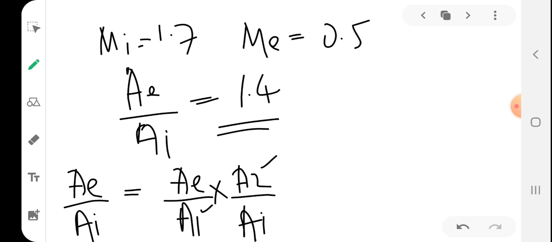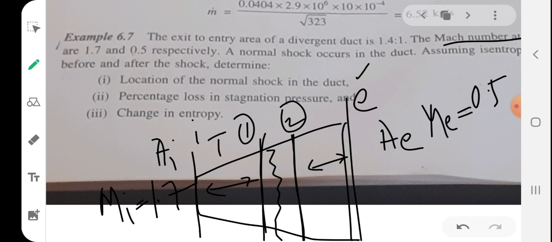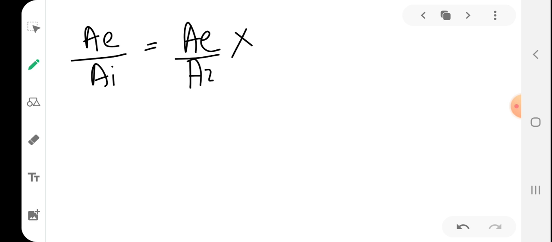Suppose this section is 1, the shock section is 2, and this section is 3; then AE by AI can be written as AE by A2 into A1 by AI.